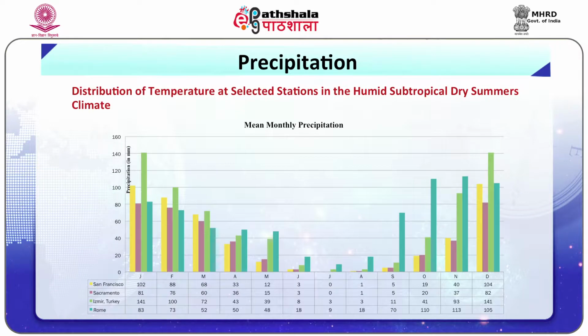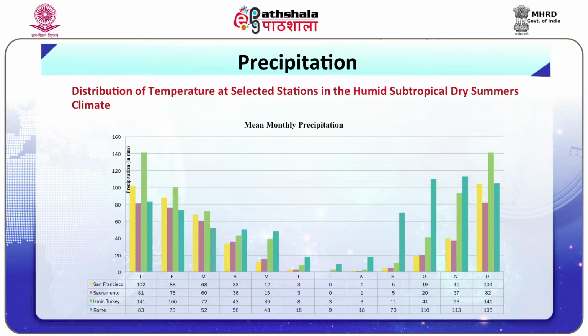The precipitation characteristics of this climate are unique. The Mediterranean climate has rainy winter and dry summer. This climate receives moderate to scanty precipitation. That is why some climatologists prefer to call it a subhumid climate instead of humid.